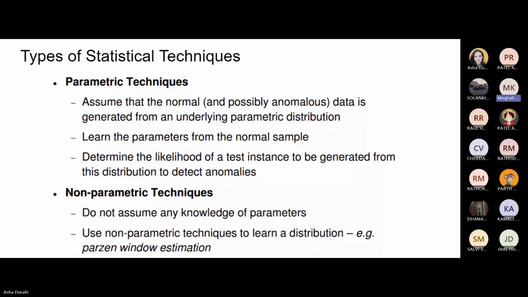I have given you one example of the data set which you can take, that is KDD Cup. For anomaly detection, you can take the KDD Cup data set. Then you can pick up all the features which are there in the KDD Cup data set.